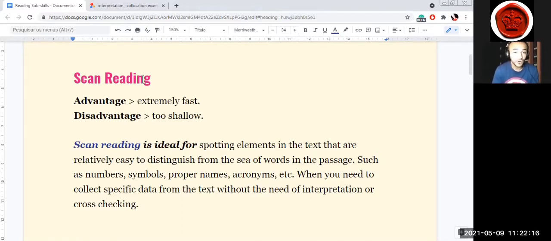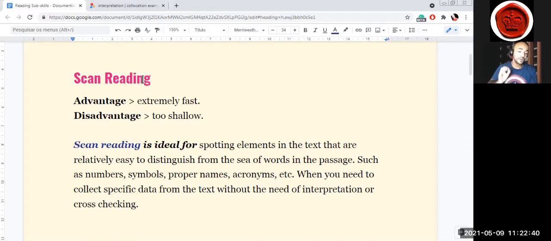You might find a certain number of repetitions of that specific term, and then you isolate a sentence, or a part of the text, and collect the information you need. Scan reading is used to find elements in the text.